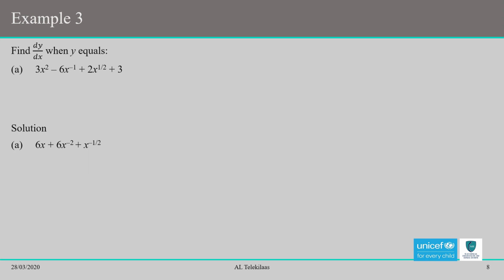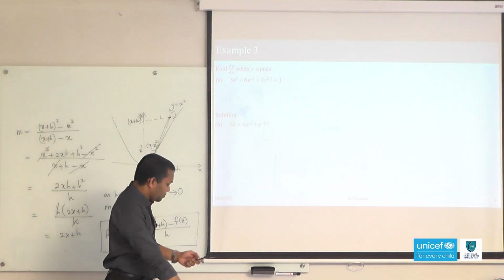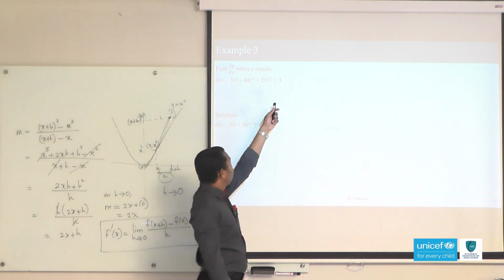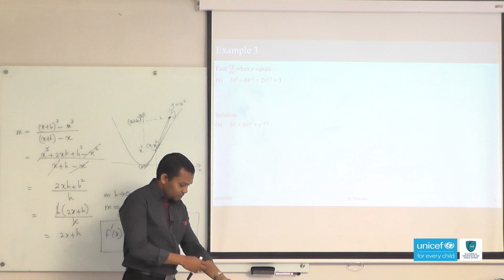So, 2 times plus half gives you plus 1. So, plus x to the power, half minus 1, which gives you minus half. And the fourth term, plus 3, is a constant term, and when you differentiate it, you get 0.